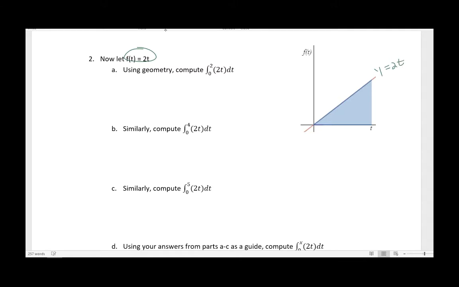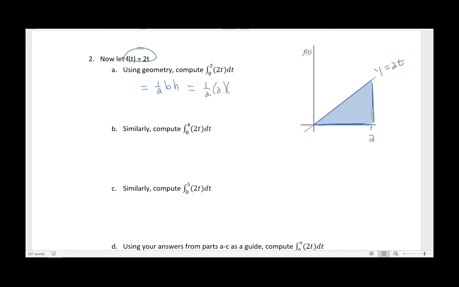And let me switch back to blue. So we have y equals 2t. So what is the area of any triangle? The area of any triangle is 1/2, let's say, base times height. So if I'm thinking of the bottom dimension as the base, thinking of the side dimension as the height, so from 0 to 2, I'm going to pretend that's my limits of integration. So I have 1/2, the base is 2, and what is the height?